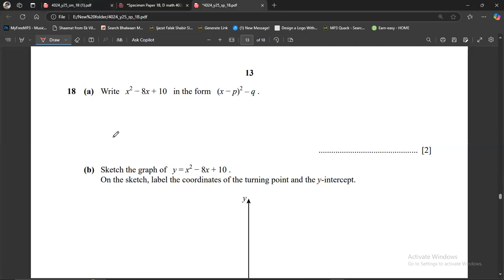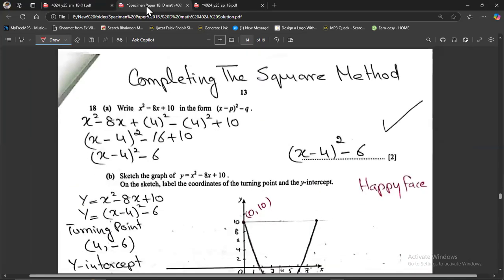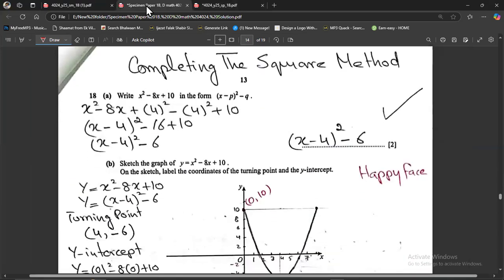What we do is take the term which has x in it and divide it by 2. Whatever is the answer, its square is added and its square is subtracted from that expression. So let me show you what I'm saying. We are going to apply the completing the square method. I will divide 8x by 2x, I get 4. So the square of 4 will be added, the square of 4 will be subtracted, and this plus 10 will remain as it is.